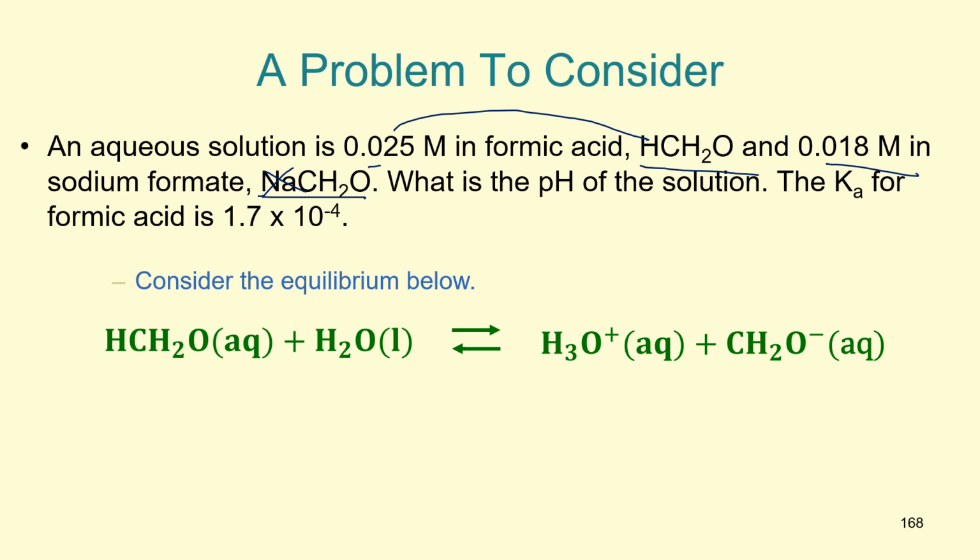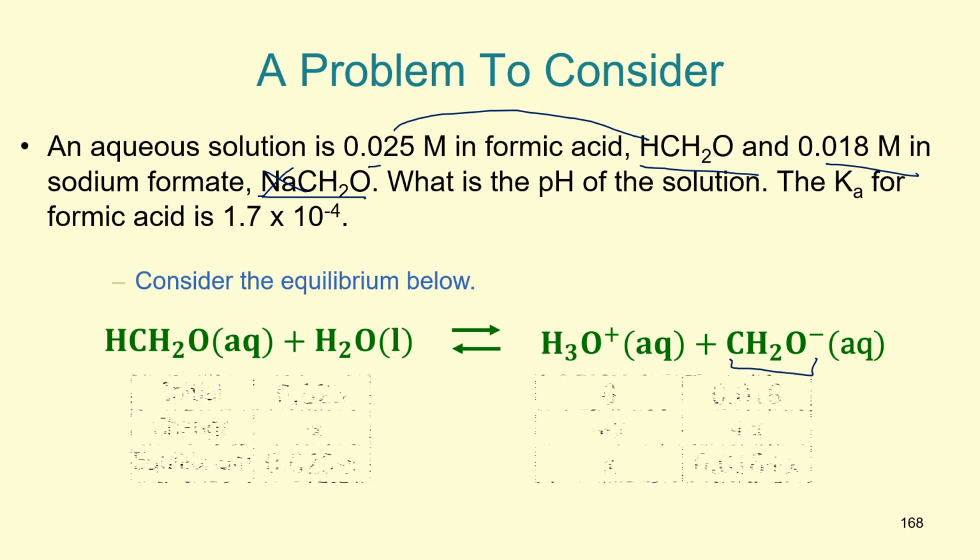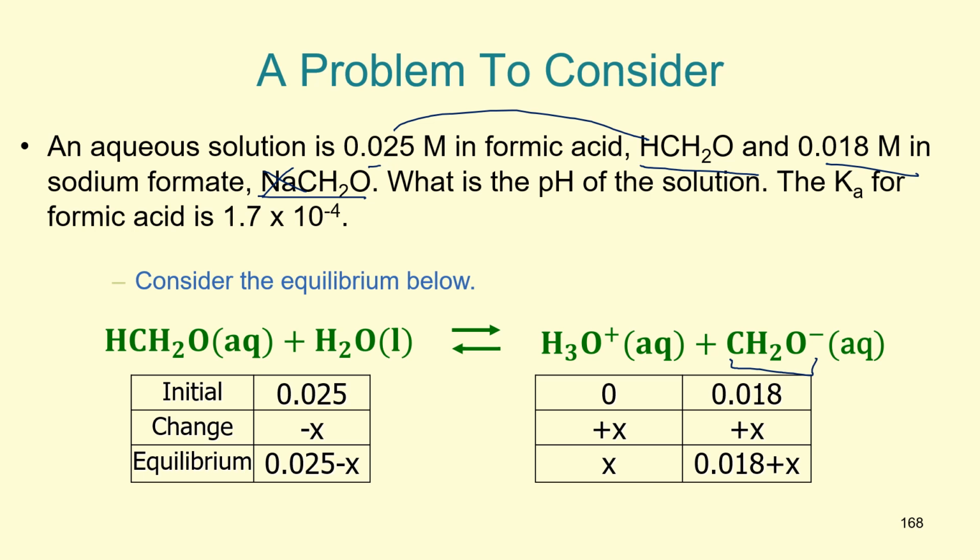So here's our equilibrium. We don't have to set up two. We still have the same equilibrium. We have the acid, the formic acid, and then we have the formate ion. So when we set up our ice chart, we know that we don't start the formate with 0. We have some that we've added. So we have 0.025 formic acid, and we have 0.018 formate.